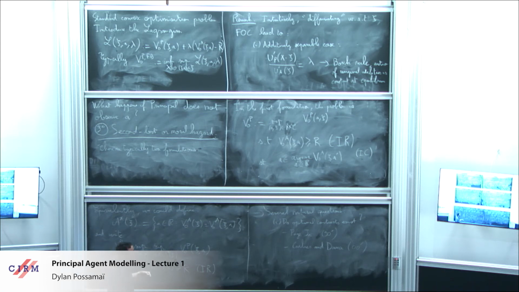It comes from the fact that the principal doesn't see some characteristics of the agent. Maybe the principal doesn't know the cost function of the agent. Maybe the principal doesn't know if the agent has exponential utility, maybe the principal doesn't know the risk aversion. So the principal typically has a prior on the distribution in the population of that risk aversion or the cost function. And yeah, the problem is also more complicated.